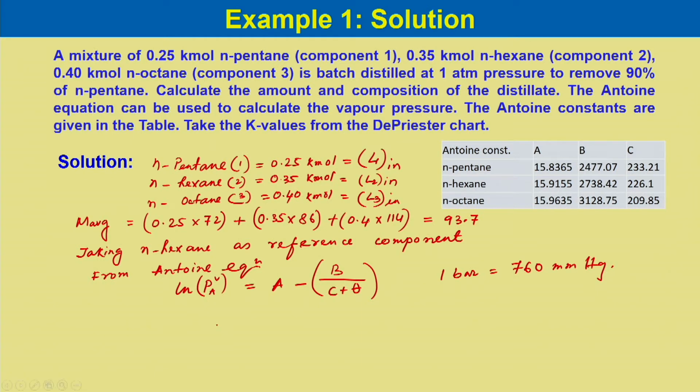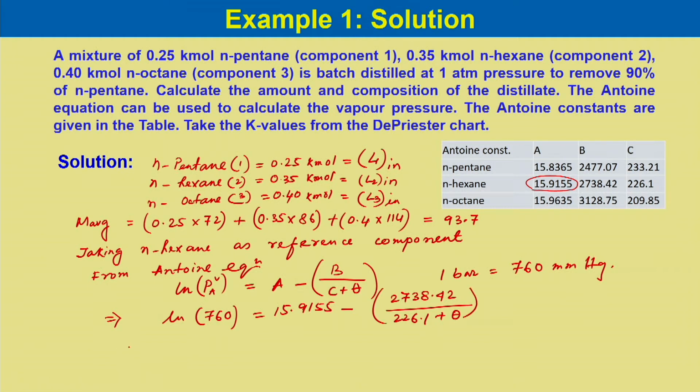Now, if we put the Antoine constants which are given over here for N pentane, ln 760 would be equal to 15.9155 minus 2738.42 divided by 226.1 plus theta.